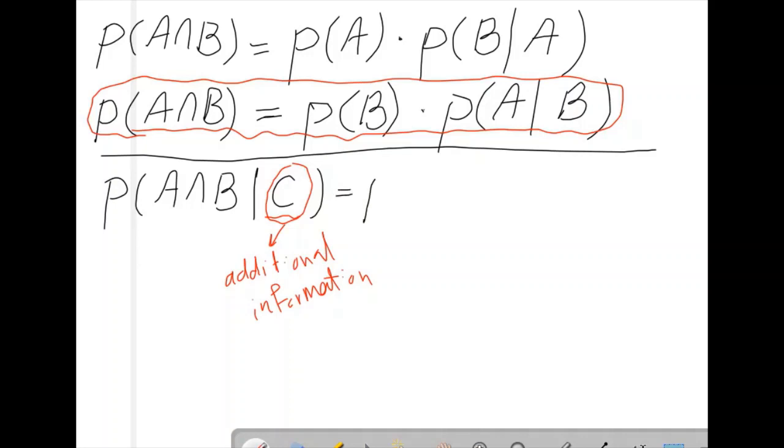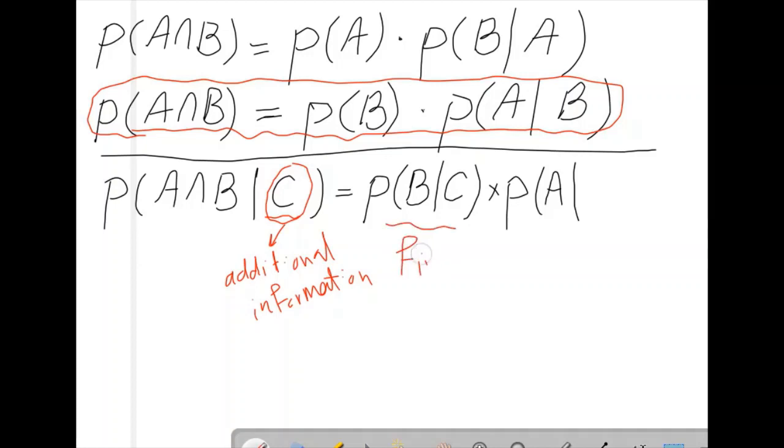So the probability of B given that C, we have an additional information about C. The second one is A. Now we have information about B and C, because we had an additional information about C. So now we have the information that B and C have occurred previously.